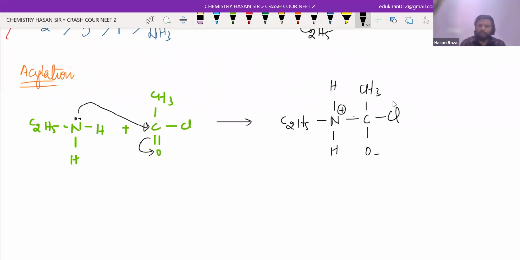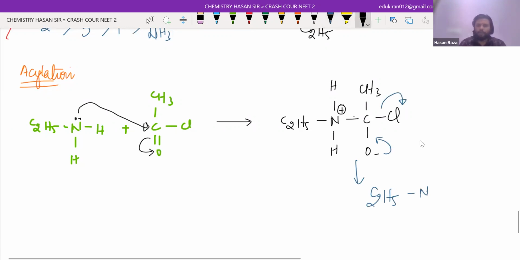Now, what will happen? As you can see, this chlorine is more electronegative, or we can say poor nucleophile. That means good leaving group. It will leave, and then this will be attacking here.